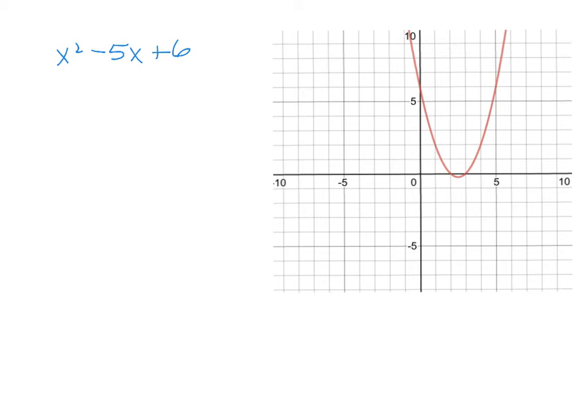So that's what it is in standard form, and if you look closely, you'll notice that our y-intercept, which we determined in the standard form, is that term, also known as the c. So remember, we have a, b, c. That c term does correspond over here to our y-intercept. So our y-intercept is at the point (0, 6). So that matches, okay.